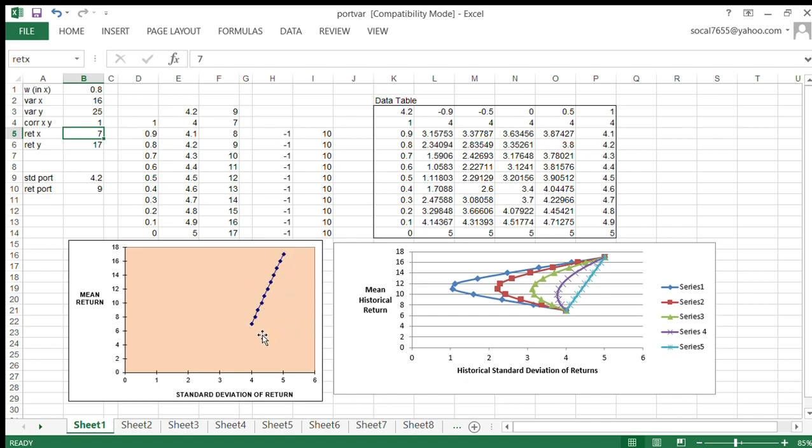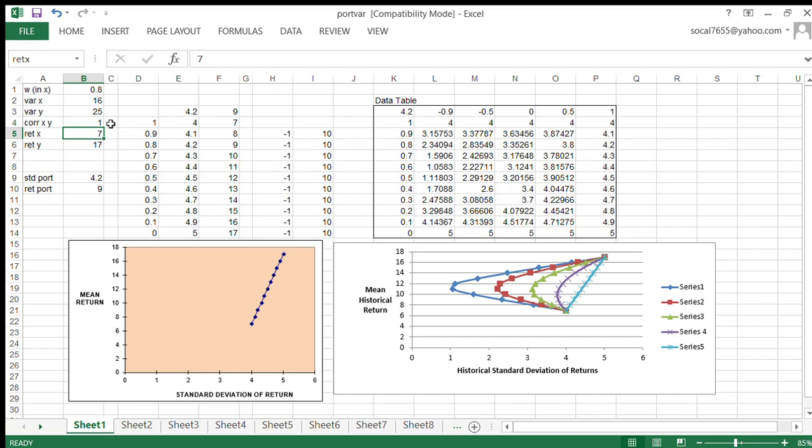This is the only time when the risk, the standard deviation of a portfolio's return, will ever be a simple weighted average of the standard deviations of the returns of the two stocks, right? So this is standard deviation 4, this is standard deviation 5, and this straight line implies a simple weighted average for that, and we'll show the algebra of that later.